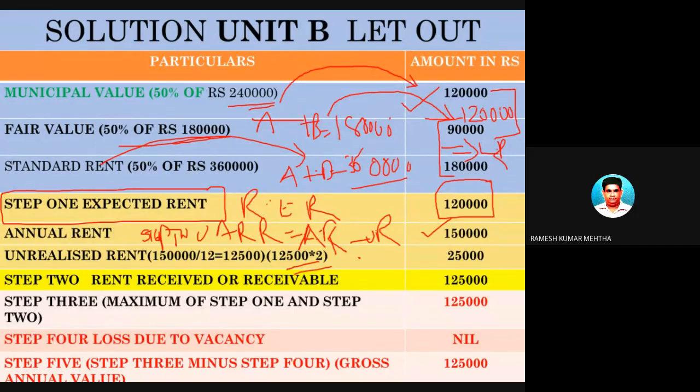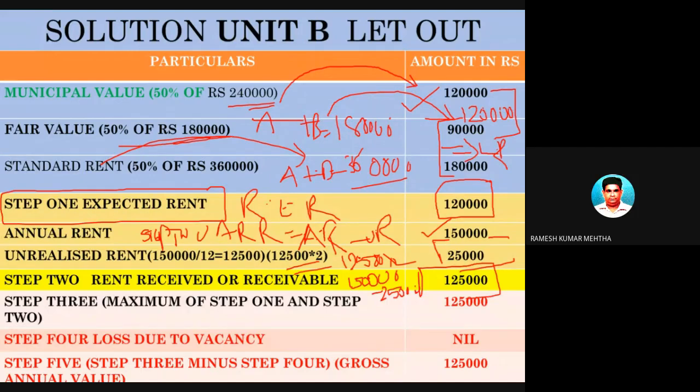I told you that per month the rent is 12,500. 12,500 into 2 is equal to 25,000. Therefore, actual rent received or receivable is equal to annual rent minus unrealized rent, which is 1,50,000 minus 25,000, equal to 1,25,000 rupees.